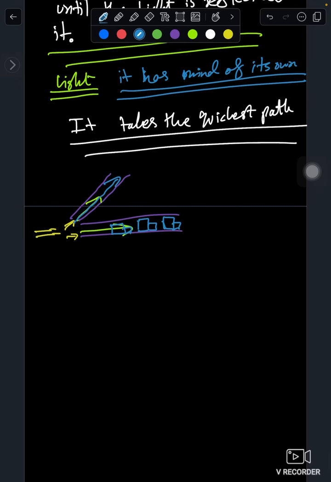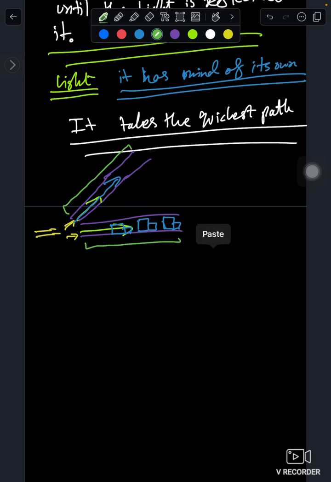Okay, now we will add one more point. Let's increase this length and this length to make them more comparable. Now look at this.